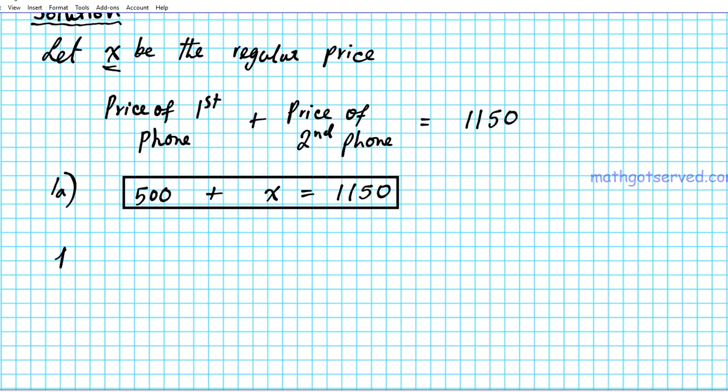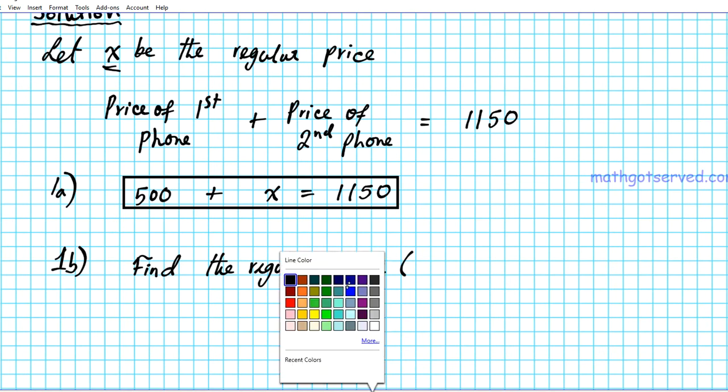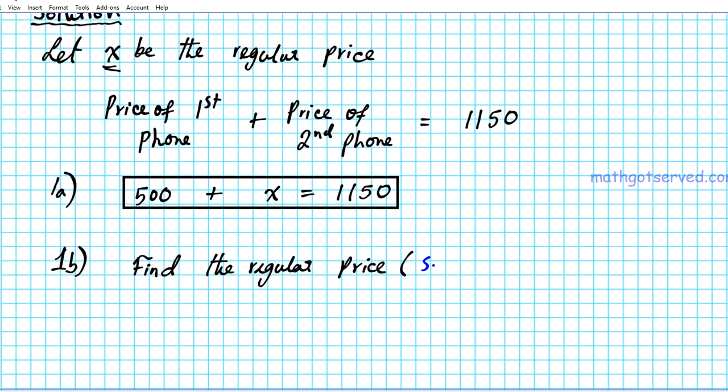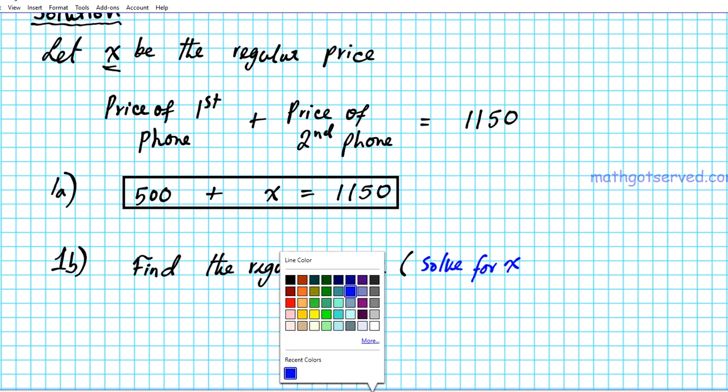Alright, so for 1b, we want to find the regular price. Finding the regular price just involves doing what? Finding the regular price involves solving for x. Okay?